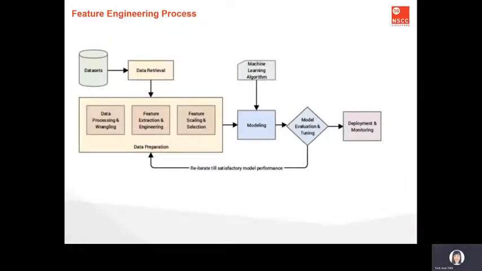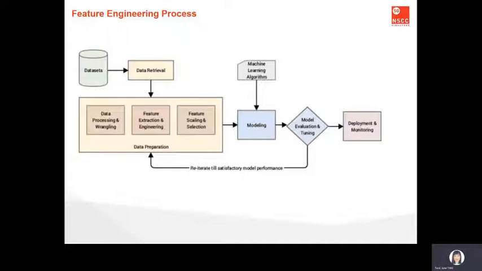This summarizes the entire feature engineering process. Firstly, you will retrieve the data from databases, from internet. Once you've read in the data, you will then process the data, and then you will work on data wrangling.